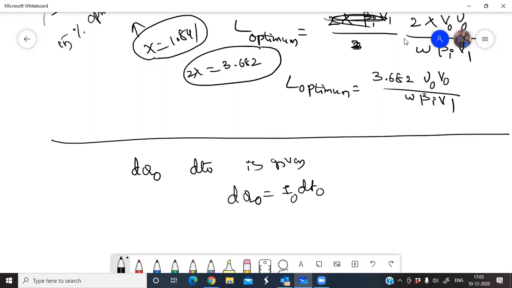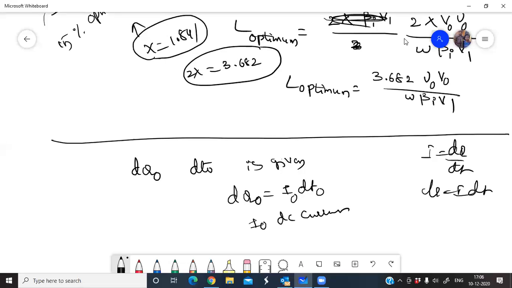Actually dq equal to I dt. I equal to dq by dt, right? And from this dq equal to I into dt. Now I want to assume that at the time t naught, that is dt naught, the charge is dq naught. So you can write dq naught equal to I naught into dt naught, where I naught is the DC current.